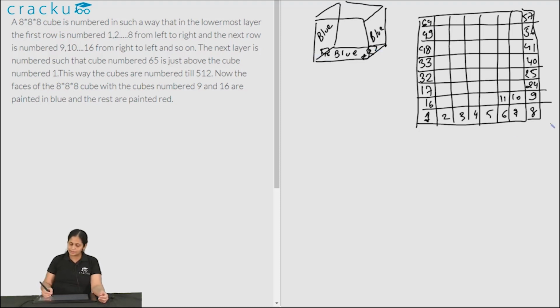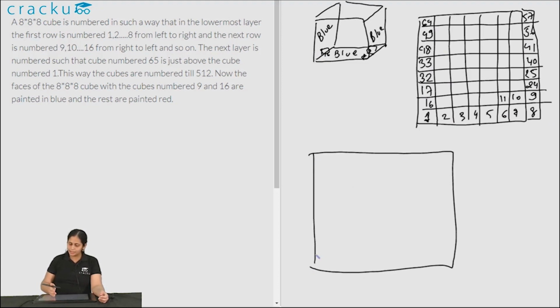If I consider this as the bottom face, I have to consider this face over here, the blue face on the right side of the cube. How does that blue face look? Because 8 sits on that particular corner. 8 sits at the bottom, 8 sits in the front, and 8 sits on the side.